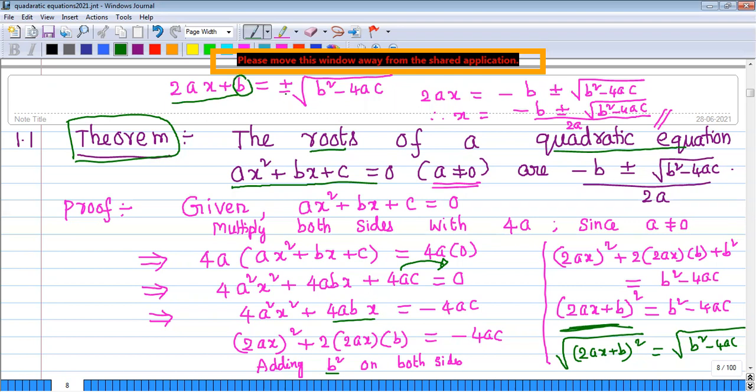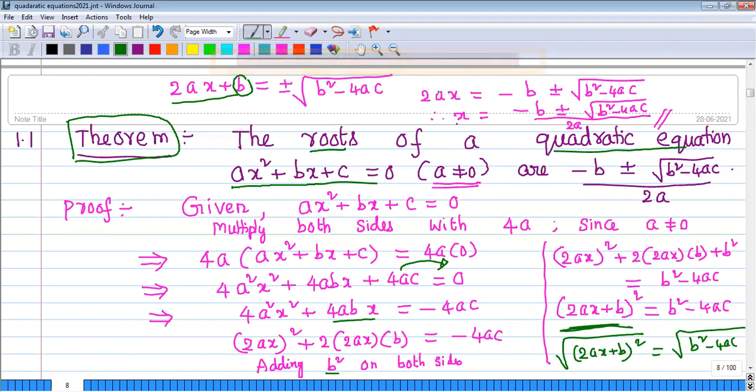Transpose this b to the right hand side, that becomes negative b. 2ax is equal to minus b plus or minus root of b square minus 4ac. Therefore we need x. So x is equal to, divide by 2a this side. Both sides divide with the 2a. Minus b plus or minus root of b square minus 4ac by 2a. So these are the roots of ax square plus bx plus c is equal to 0.